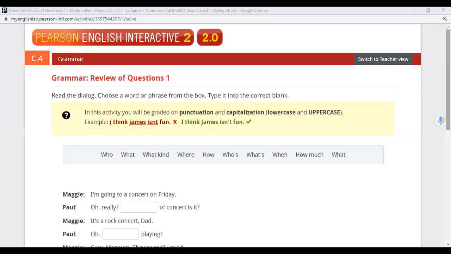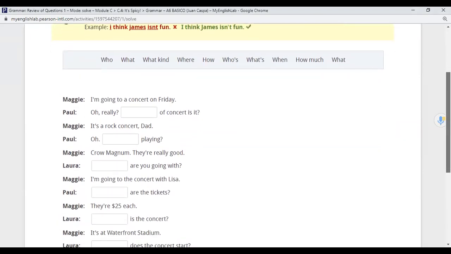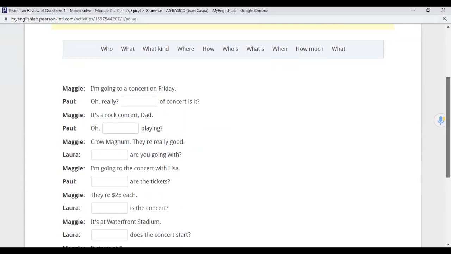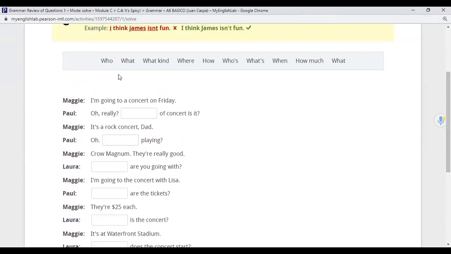Let's work please with this. You have to look for who, what kind, where, how, whose, when, and how much, including what. But what about here?